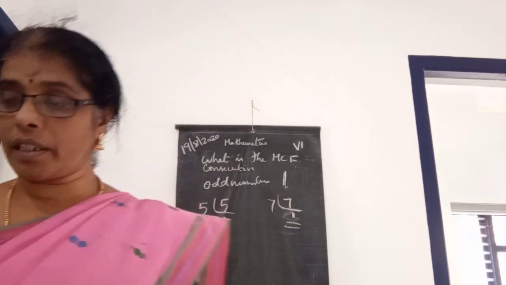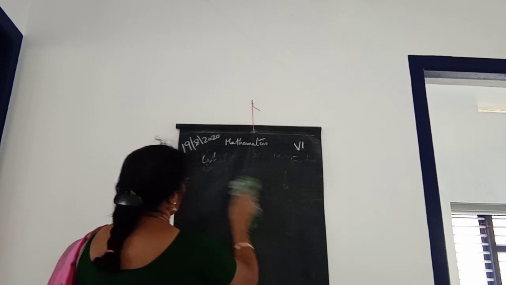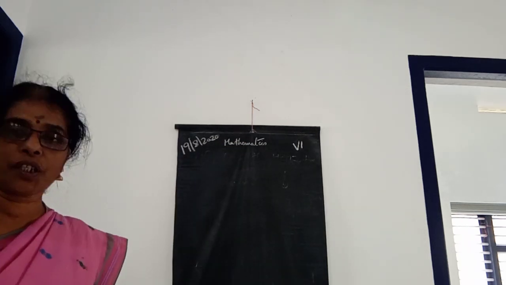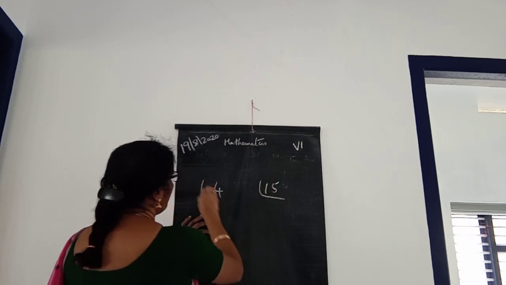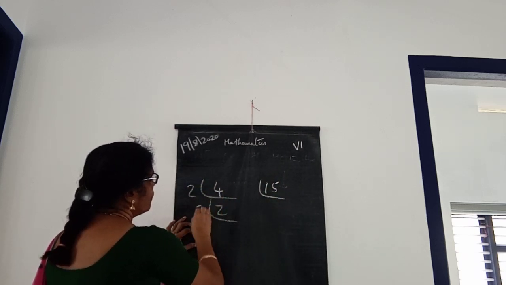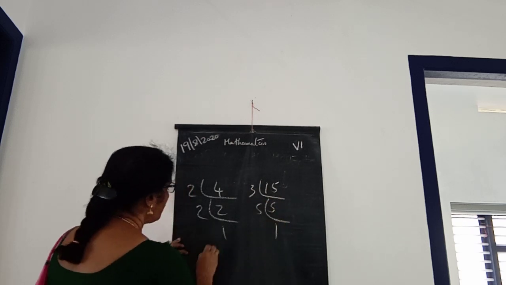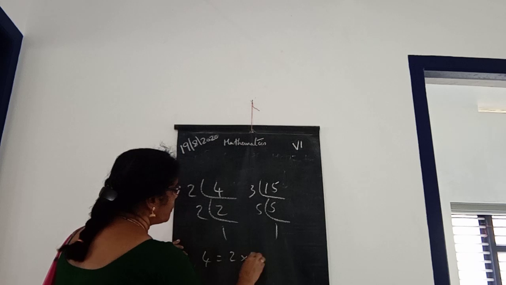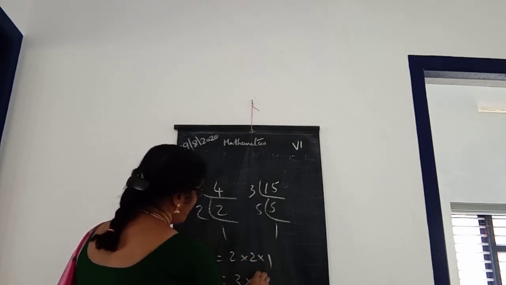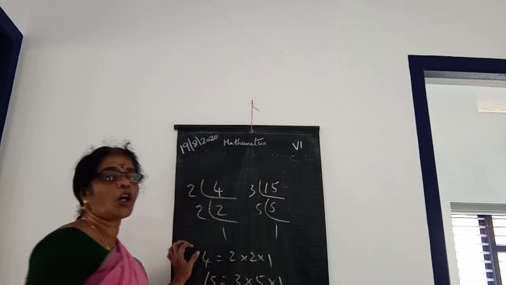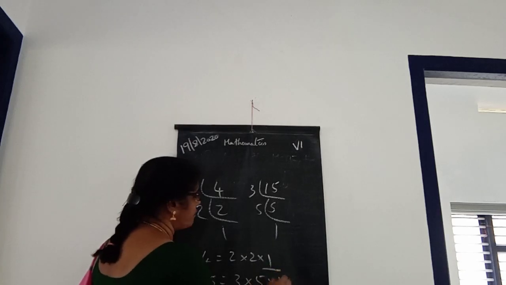Children, what is the HCF of 4 and 15? 4 is equal to 2 into 2 into 1. 15 is equal to 3 into 5 into 1. Which one is the common factor here? Yes, the common factor is 1.